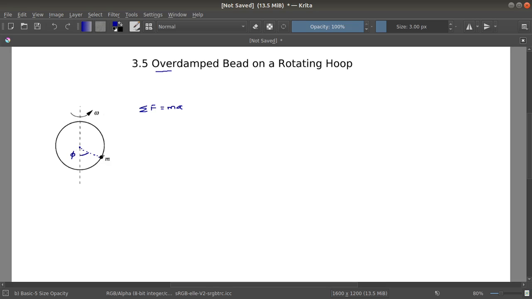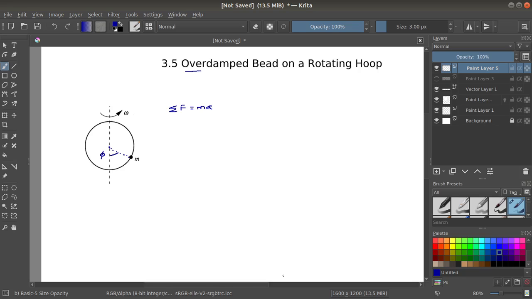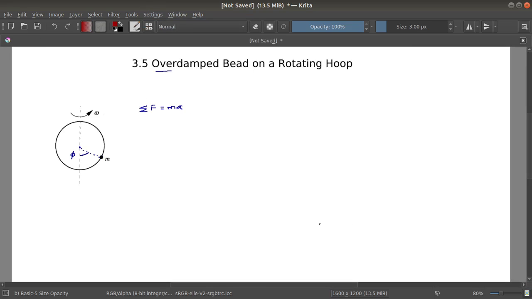So what forces are acting? One is the centrifugal force, which acts in this direction.